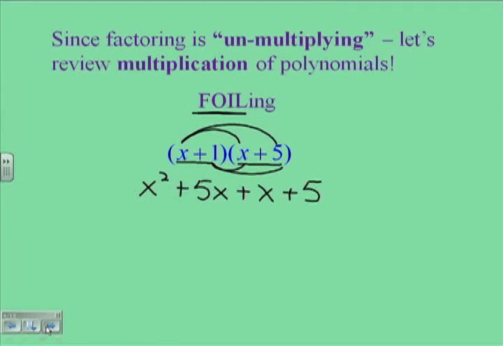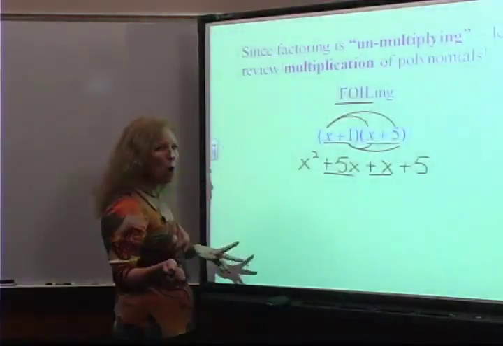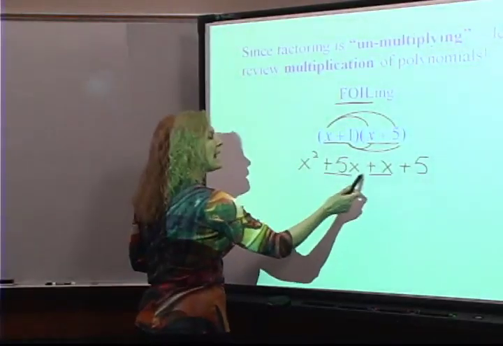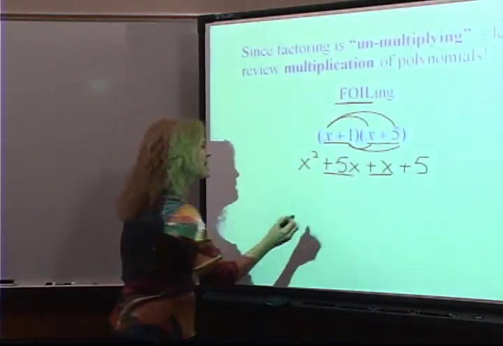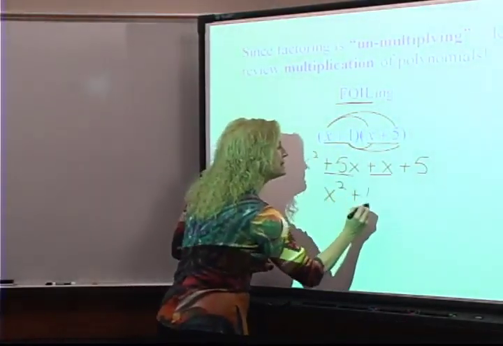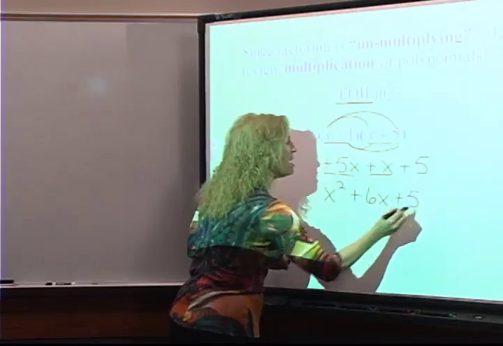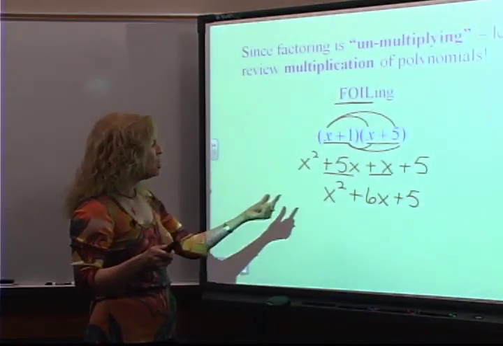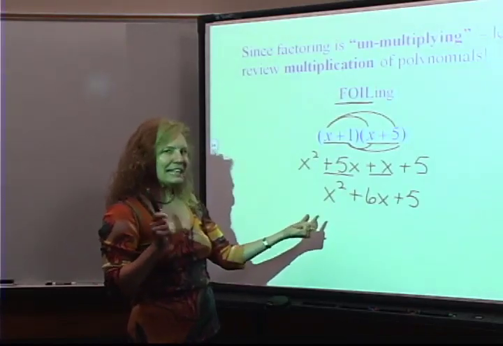Now, do I leave it here? Oh, no, you say, add them up, add them up. Yeah. Don't we almost always, let's say 95 at least % of the time, we have these middle terms that add up, and we get x squared plus 6x plus 5. Now, I want you to take just a second and think with me, from where did we get this x squared?